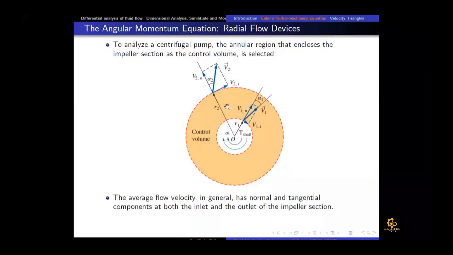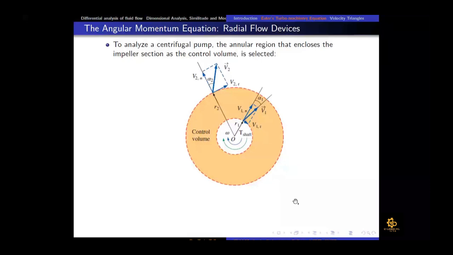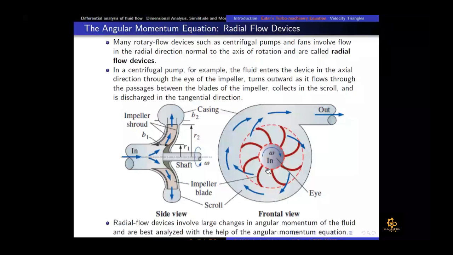So the average velocity in general has normal and tangential components at both the inlet and the outlet of the impeller section. This is the inlet of the impeller section, and this is the outlet, where the blade section ends.